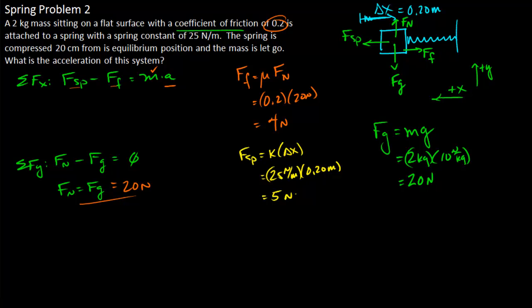I can then use both of these in my Newton's second law equation to finish this off. So the spring force of 5 newtons minus the friction force of 4 newtons equals the mass, which is 2 kilograms, times a. Doing this nice easy algebra, I get that this object is going to have an acceleration, in this case, of 0.5.